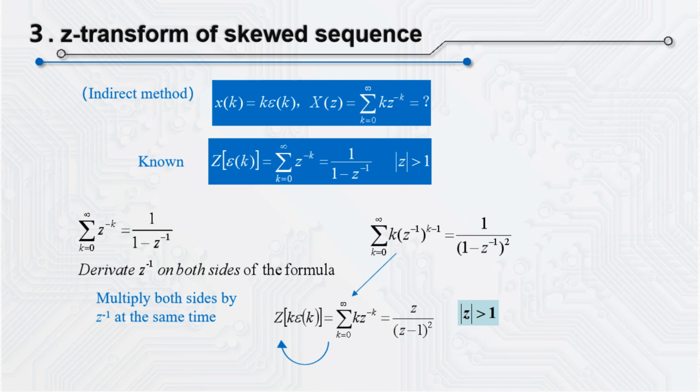Then look at this result. At this position, it corresponds exactly to k epsilon of k. The corresponding result of solving the z transform, the final result, is z divided by z minus 1, squared.